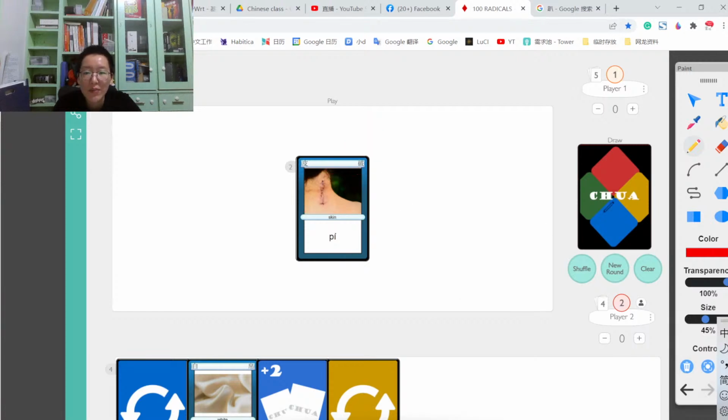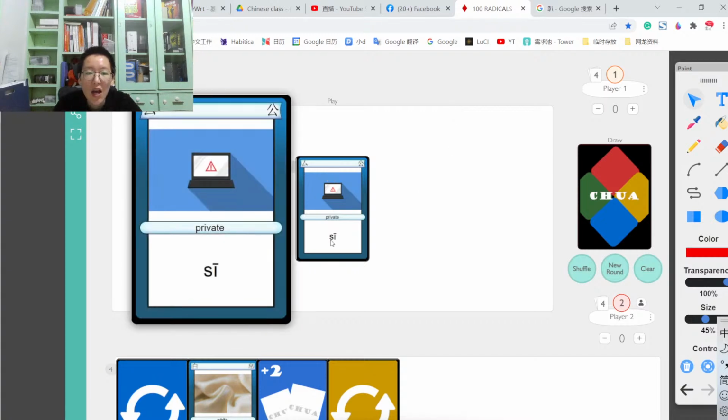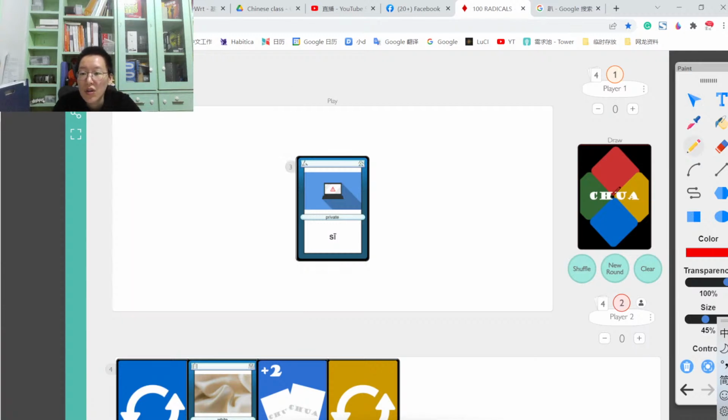Okay, so I play P. My opponent could play, for example, S. Private. So you can use this part when you open a computer. I mean, not your computer. So you can see something like this, maybe.